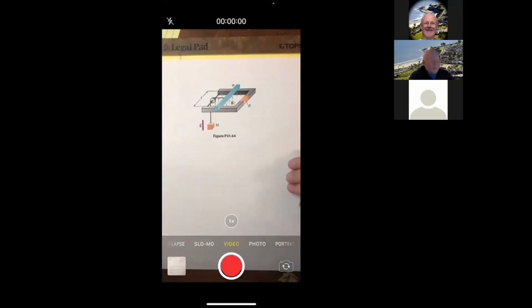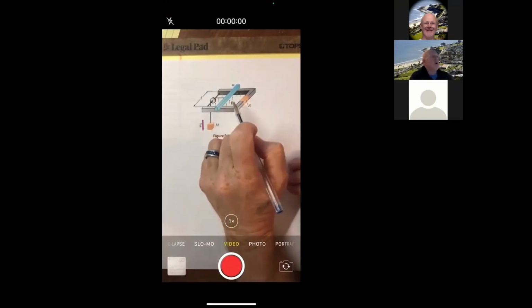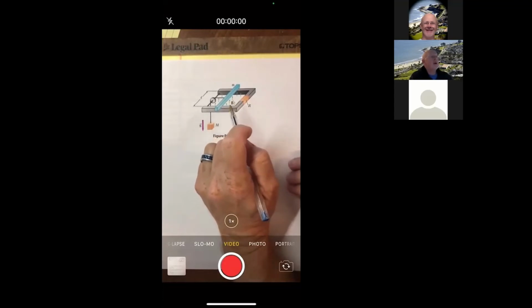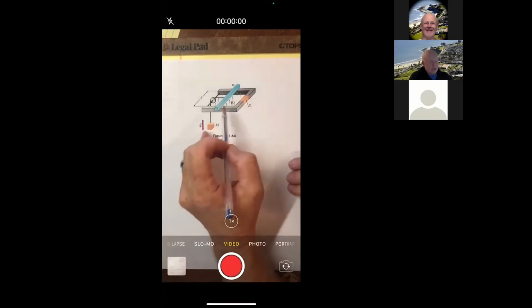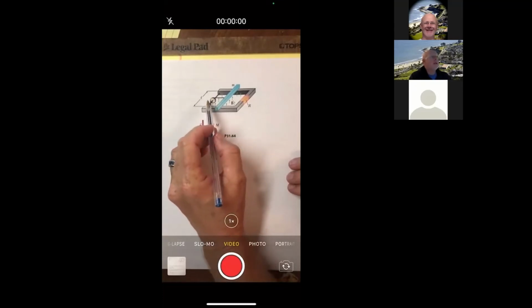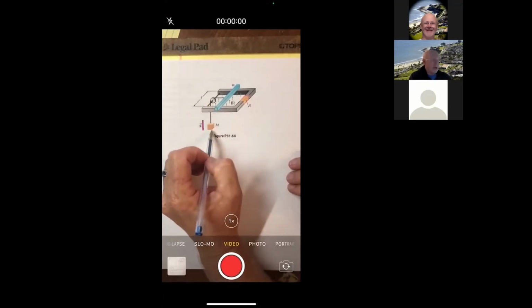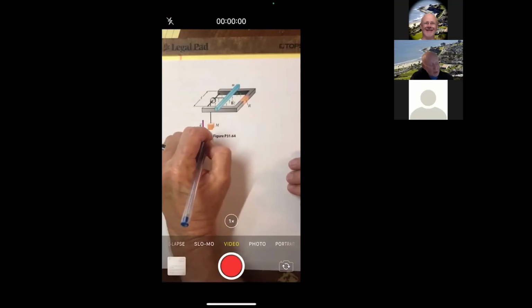A bar of mass little m in figure 64 is pulled horizontally across parallel frictionless rails by a massless string. So here's a string that's pulling on it, that passes over a light and frictionless pulley that is attached to a suspended object of mass capital M. So this mass is going down.